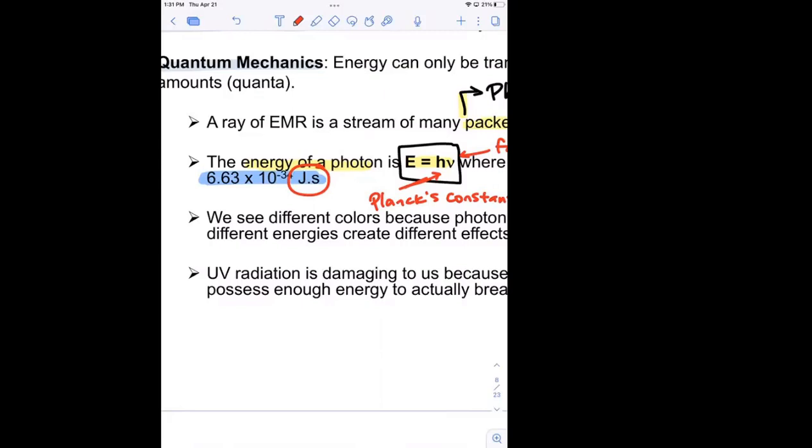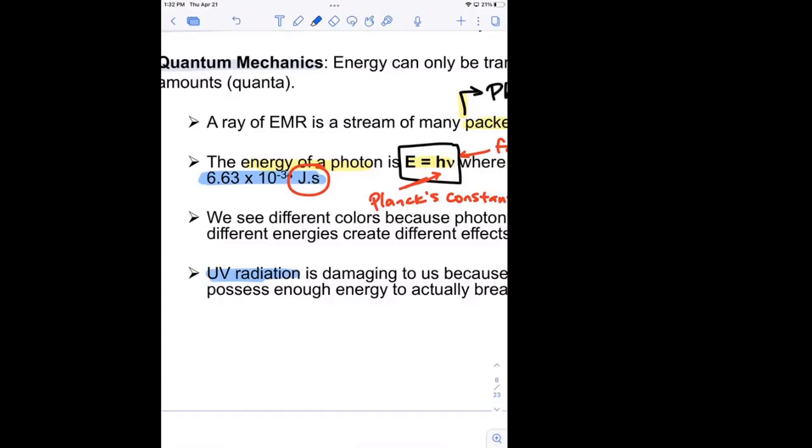When we think about the radiation that we experience on a regular basis, because we don't always experience X-rays, and we definitely don't always experience gamma rays, which are very deadly. But UV radiation we experience every day because we go outside and the sun is shining. Even when the sun is not shining, UV radiation is still present.